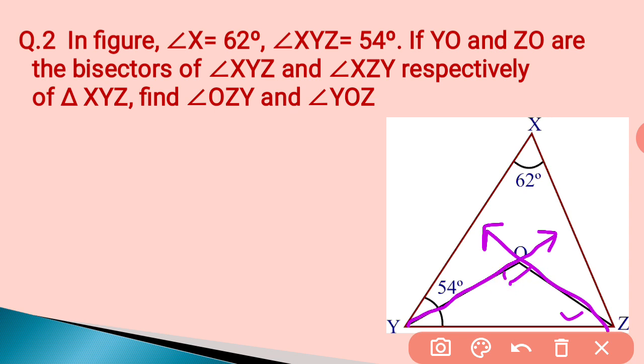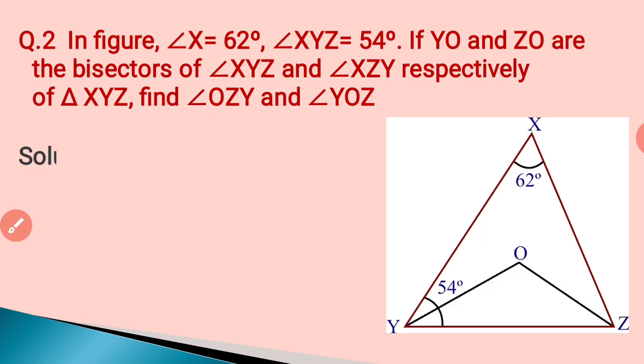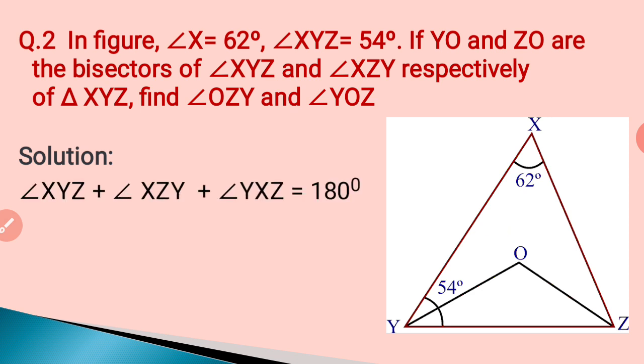So let us proceed. Now when I am thinking about the bigger triangle, that is triangle XYZ, two angles are known to us, so I can easily find out the measure of the third angle by using the angle sum property. So let's use the angle sum property in the bigger triangle. So this is what is the angle sum property: sum of all the three angles is 180 degrees.